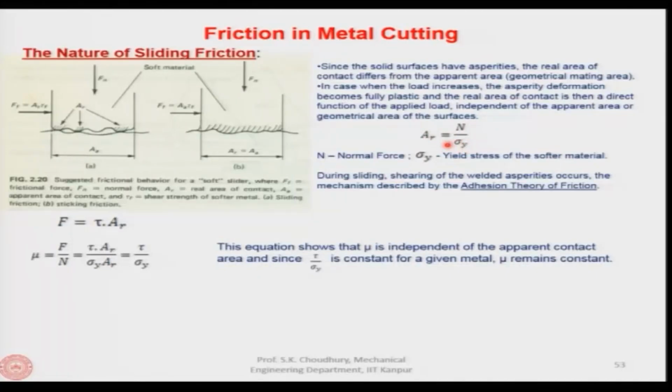Sigma y is the yield stress of the softer material. You understand that area is equal to force by stress, so here it is a normal stress.